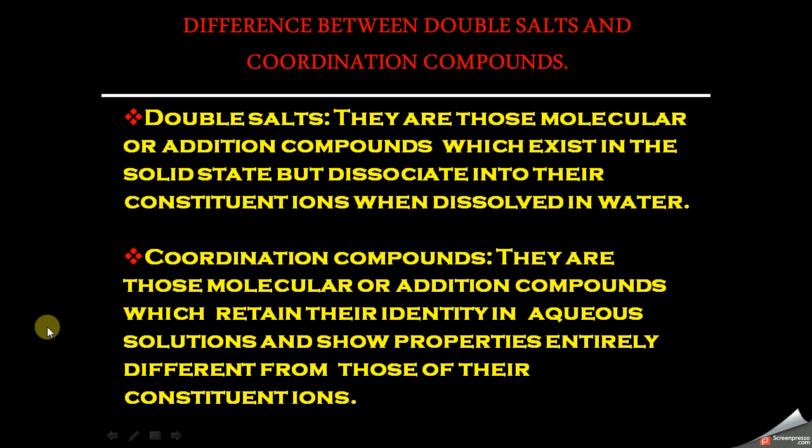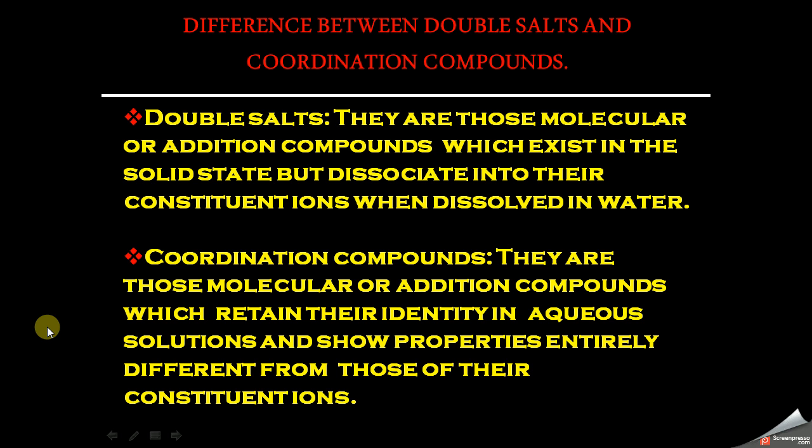We are all familiar with alum. It exists in the solid state but dissociates and dissolves in water. So it is a combination of two simple salts, potassium sulfate and aluminum sulfate.